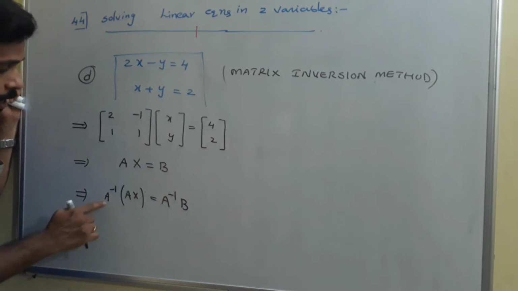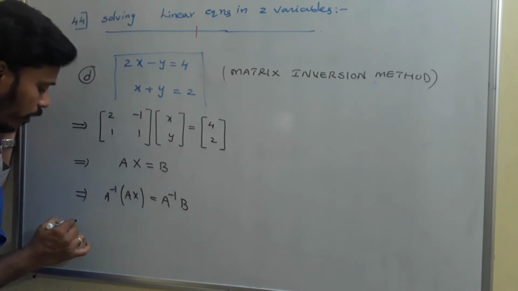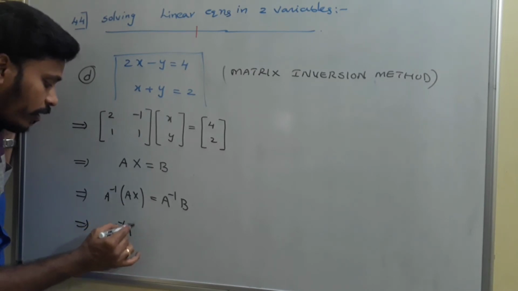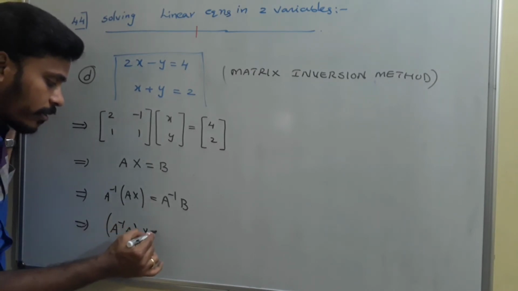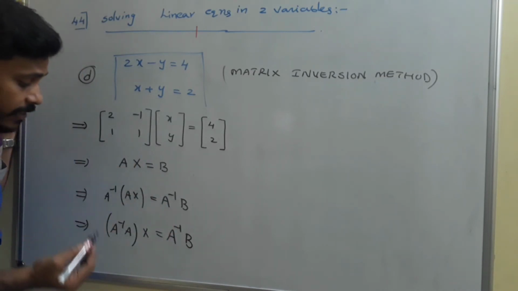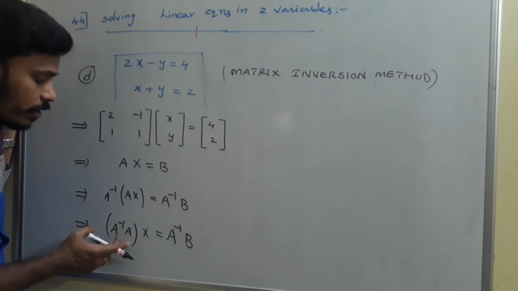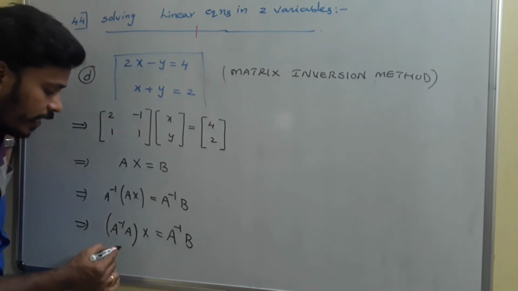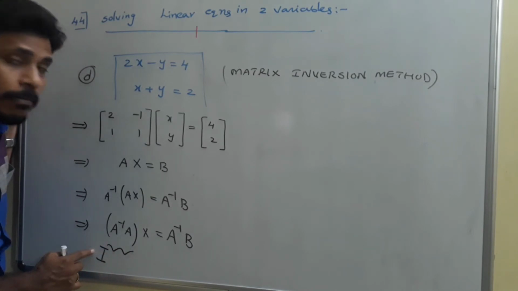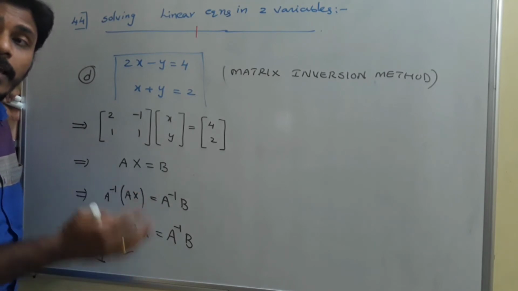Just have a look. A inverse of AX, as we mentioned, matrices have an associative property. This A inverse of AX is simply A inverse A into X is equal to A inverse B. And as I mentioned, by the definition of the inverse, this A inverse into A is simply the identity. Since this matrix is identity, the identity matrix when multiplied with any other matrix will give us again what? The same X, okay?